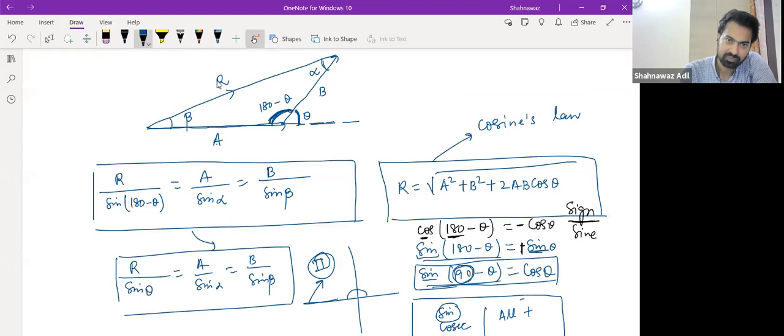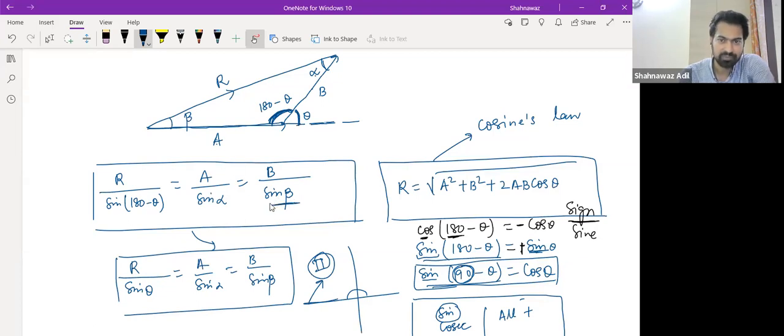I changed this angle to beta. Earlier, I was using it as alpha, but for the convention, because in the opposite of B is beta, I named it as beta. So don't bother about this naming. Just remember that opposite to this side would be here.